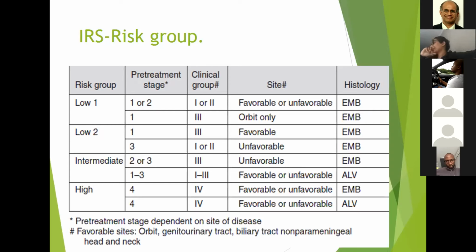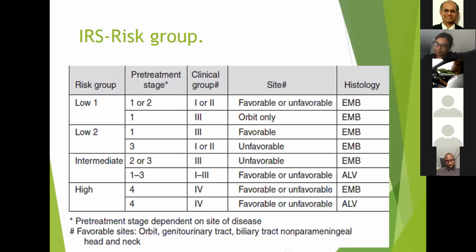And each of these, the site and histology, are also important in determining the risk group, because if you can see on the histology side, the alveolar histology upgrades the risk regardless of the clinical group or the pre-treatment stage. As long as it's an alveolar histology, it has the worst prognosis compared to embryonal.